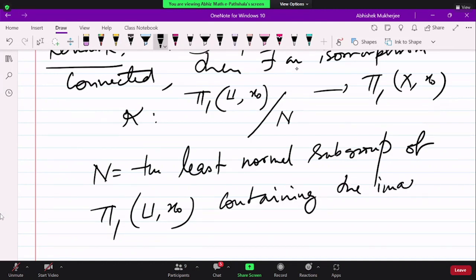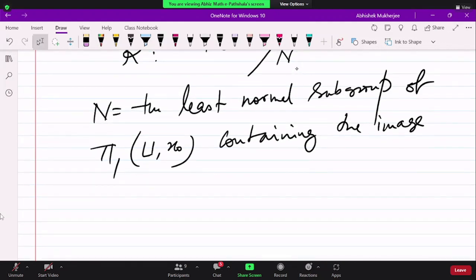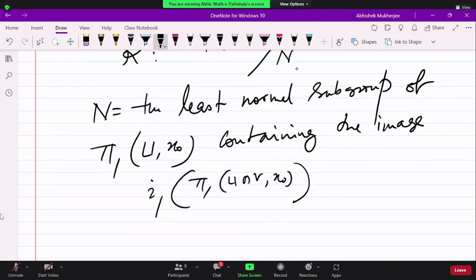What is the image? We have already considered the induced homomorphism i1 from pi 1 of U intersection V to pi 1 U. So N will be the least normal subgroup of pi 1 U containing the image i1 of pi 1 of U intersection V at x naught. Okay?